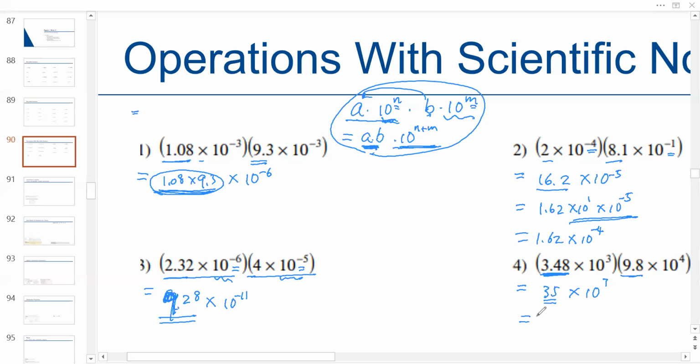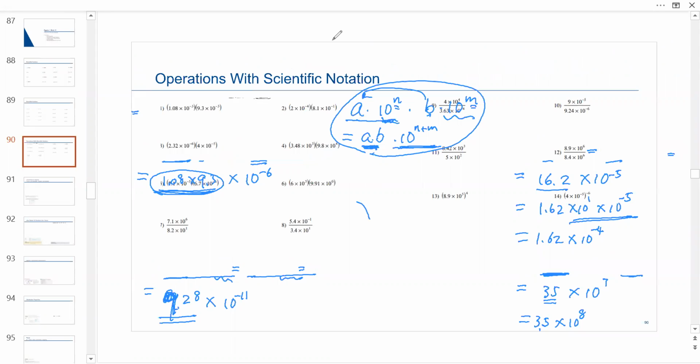So we change this one to 3.5 times 10, right? So became 3.5 times, here is power 8. So move one of them to here, right? So you get 10.8. So calculation of the product of these two scientific numbers would be relatively easy for us, right? Okay, so let's move on.